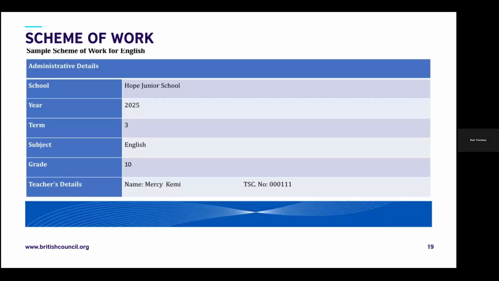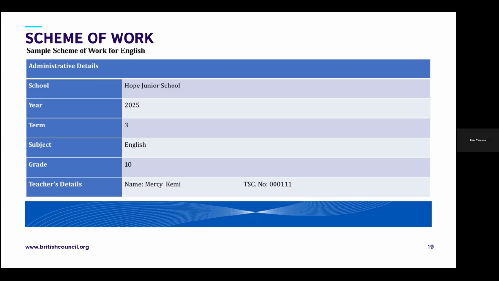Now, what you have there is professional documents. Before I say something on this, allow me to say that some of the materials that I was using to prepare this presentation are actually from the British Council and KICD.